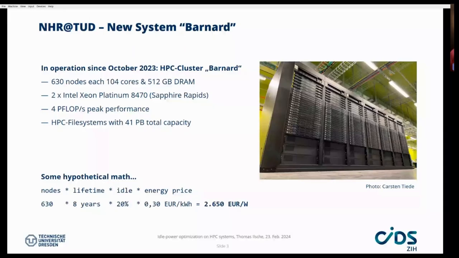It's hard to say with energy prices these days. But just to give a roundabout number of what an optimization is worth, and this is absolutely not accurate, just reducing the idle power by 1 watt for a single node would save us about 2.5 thousand euros.